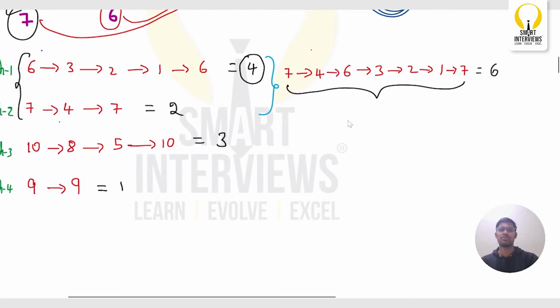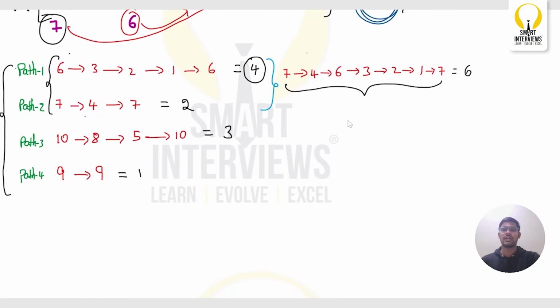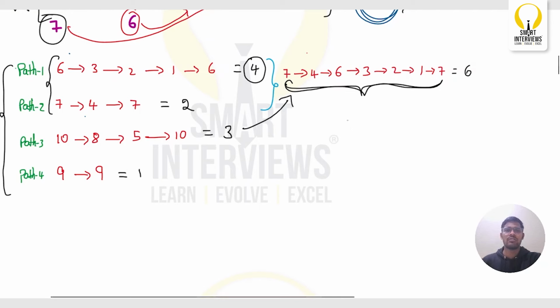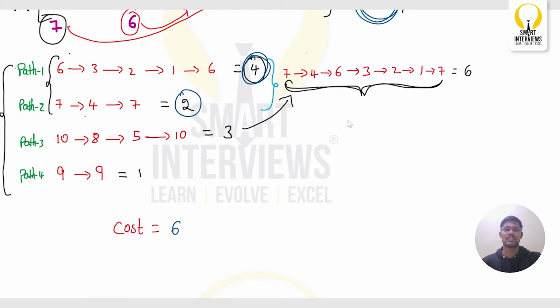Okay, let us move forward. So when you have merged path 1 and path 2, you got this path. Now I'll merge this one. So till now, when you have merged path 1 and path 2, nothing but swapping the elements. What is your cost till now? 4 plus 2, 6.